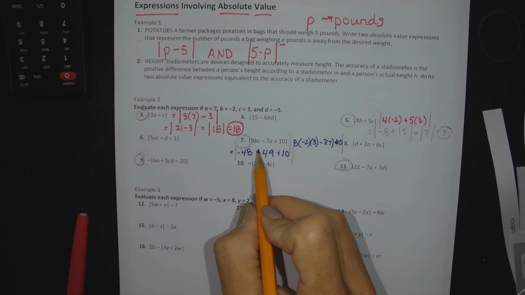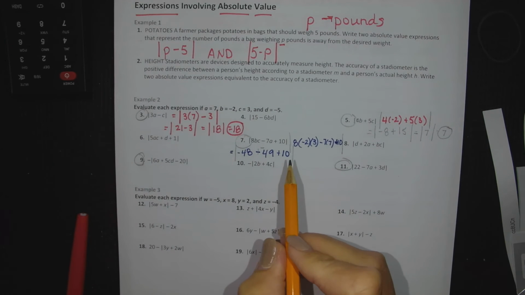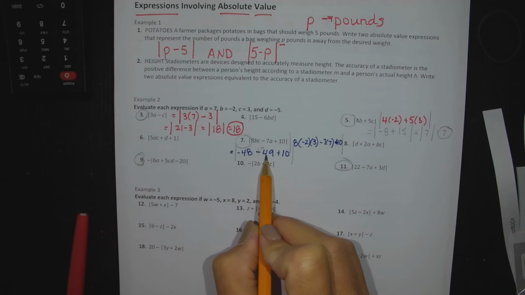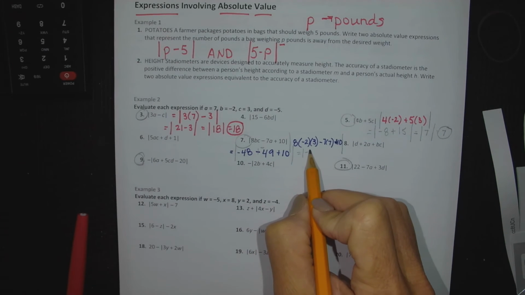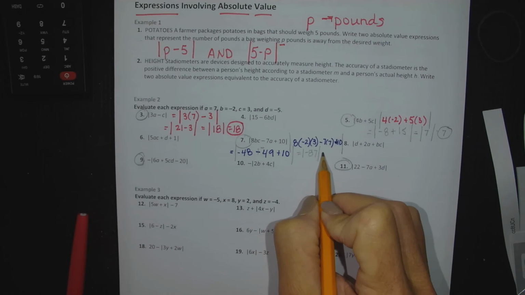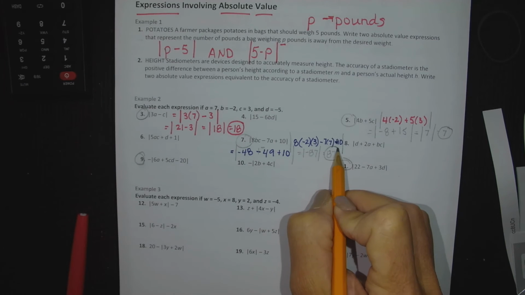Go back old school. Add the opposite. Molly, what is it? -97. Yes. There you go. -97 plus 10, you get -87. The absolute value of -87 is positive 87.